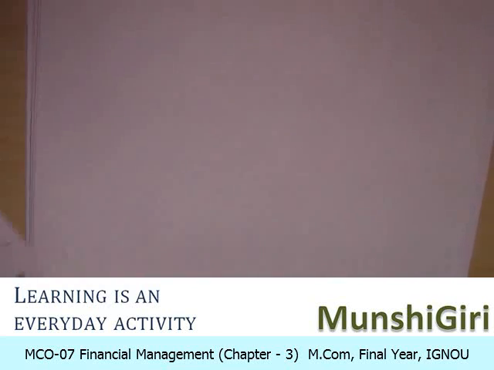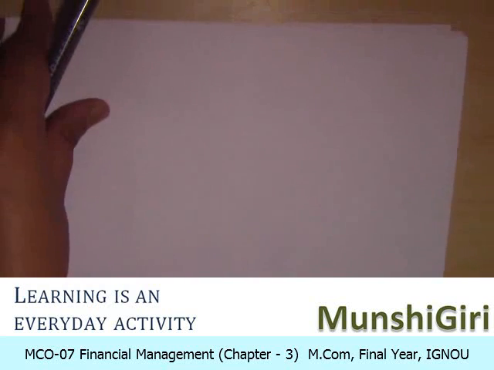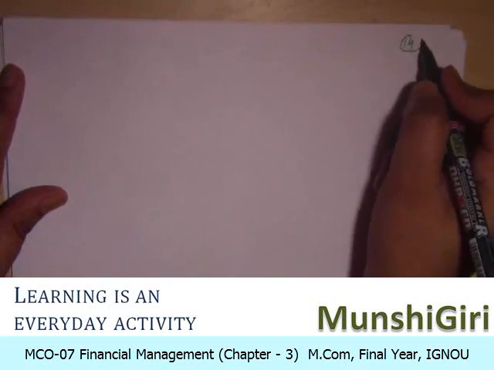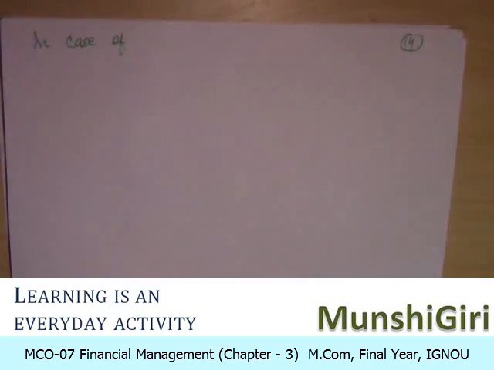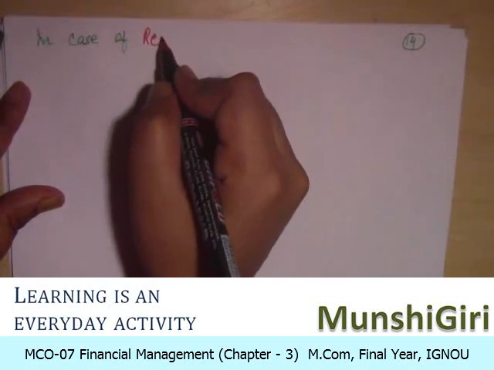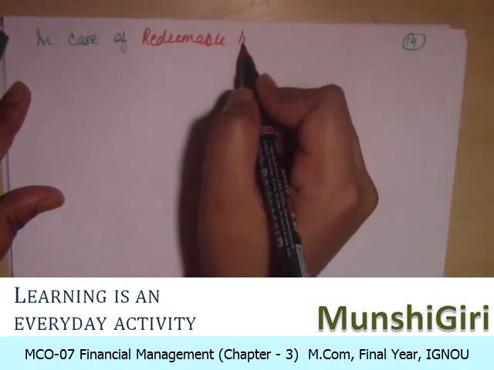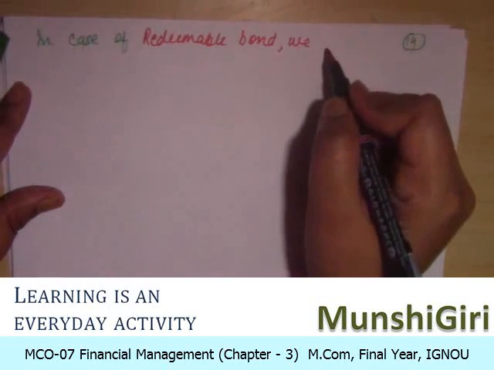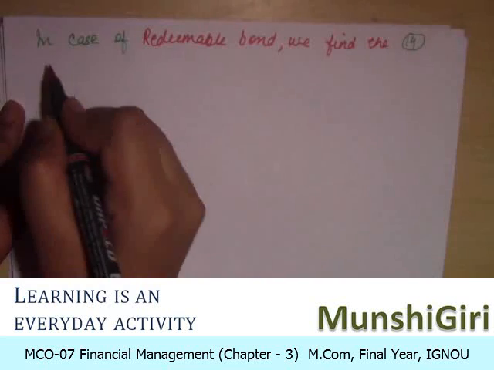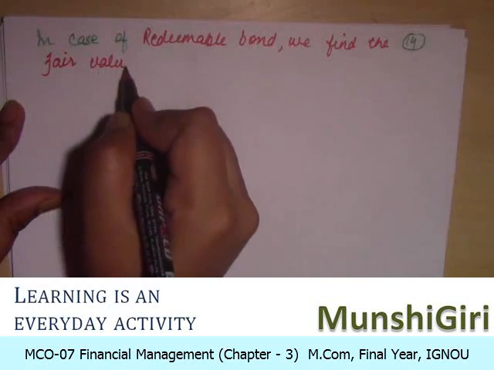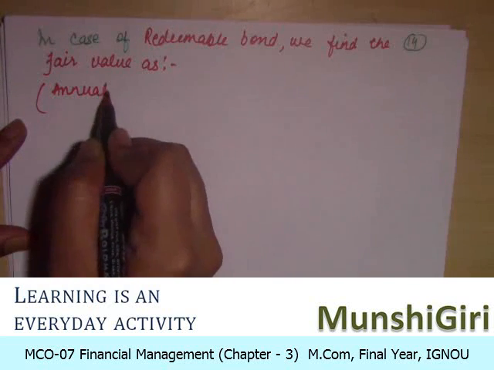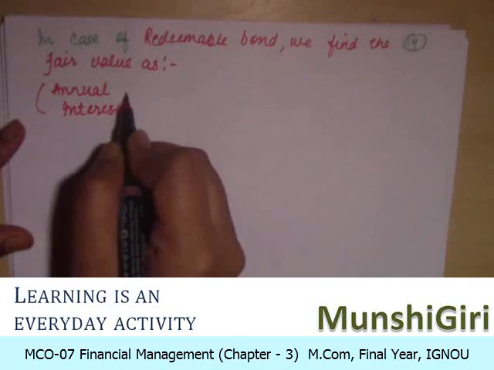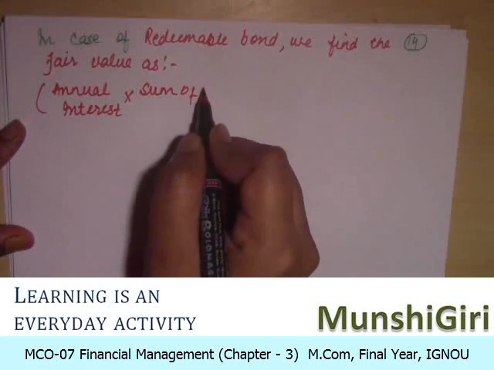The fair value of a redeemable bond is, in case of redeemable bond, we find the fair value as annual interest into sum of PVF.